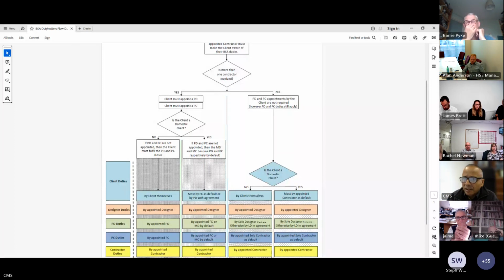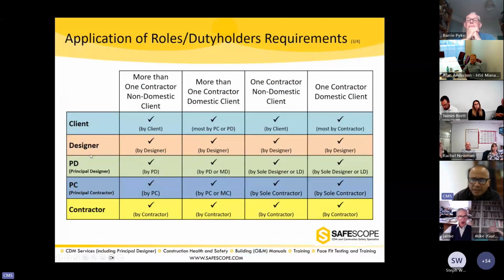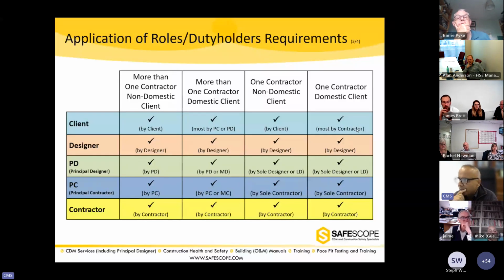Out of the flow diagram, we have also done a table which is exactly the same as the flow diagram, but just in tabular form. It just explains each duty holder, what they have to do in different scenarios. And with confidence, you can take any project in the UK and it will fall in one of those 4 case scenarios that we talked about.